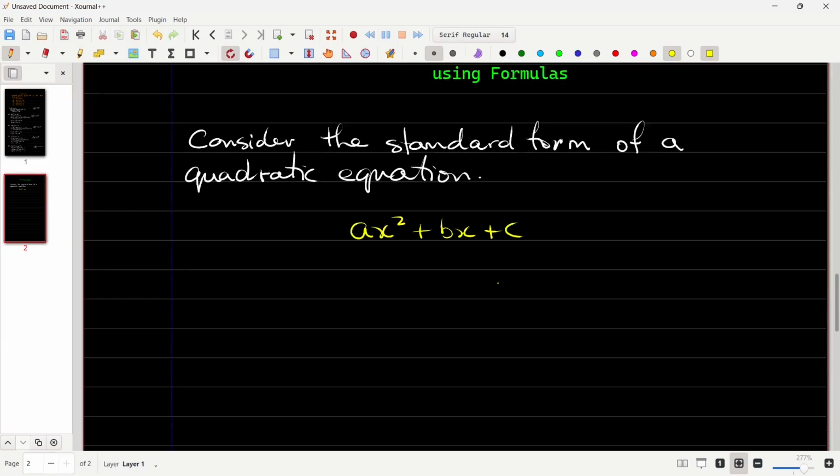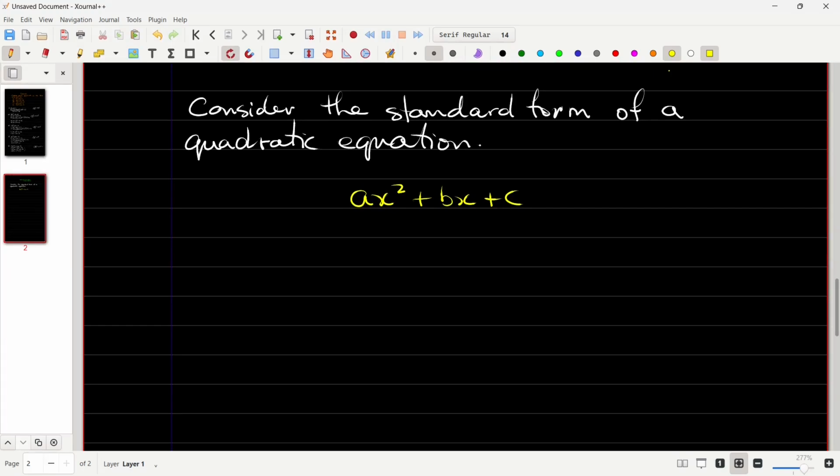And then what I want you to also consider now is the vertex form. And the vertex form that we know already is a into (x plus h) squared plus k.